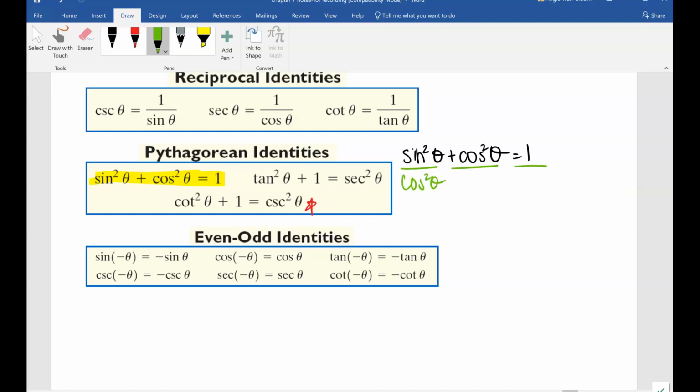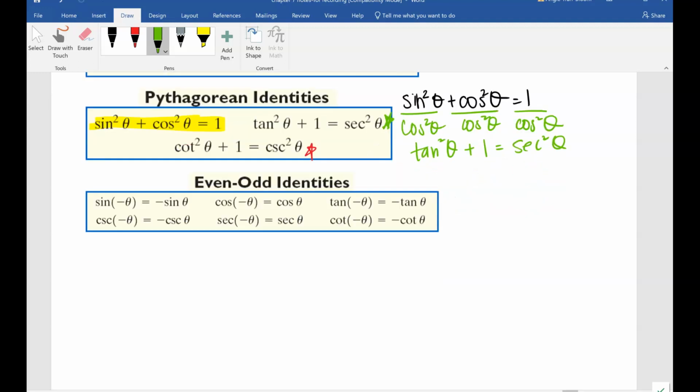Sine square over cosine square, as you know, that's going to give us tangent square of theta, plus 1 over cosine square, that's a reciprocal function, so that's going to be secant square of theta. So if you can do the math quickly, you can get the other two Pythagorean trig identities pretty quickly.